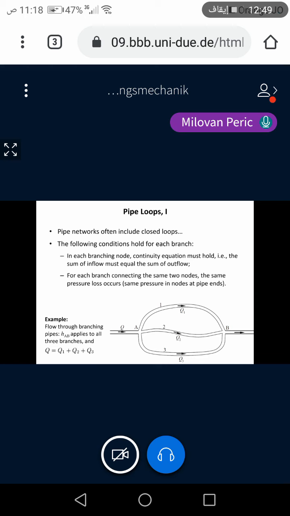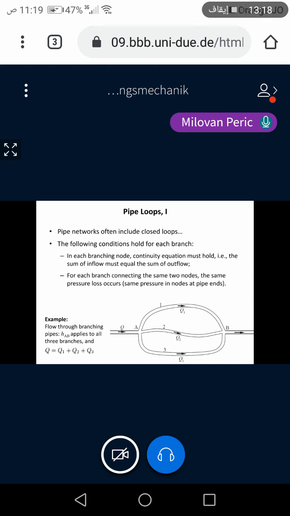So in the simple example shown here, we have one supply pipe, it comes to branching point A, then you have 3 more pipes, and then they come together in point B, and these flow rates for individual branches, Q1, Q2, and Q3, will now depend on how long the branches are, what the cross-sectional areas are, what the possible obstacles in their valves or whatever.